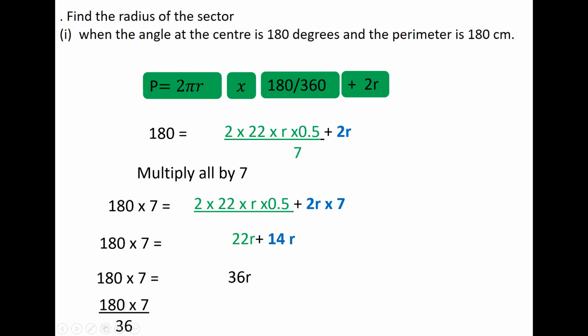So always in the exam, don't do any processing in the middle part of the answer, only at the final answer. You can save a lot of time when it comes to maths. So 36, 180, 10 and 8, 2, and then 5 into 7 is 35 centimeters.